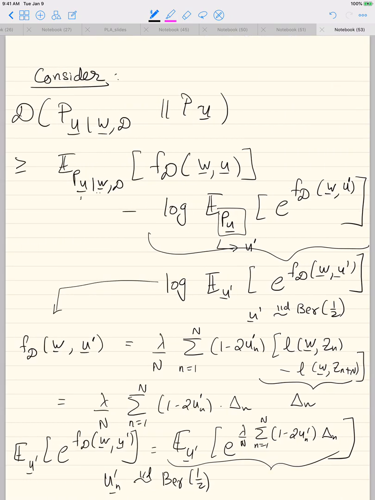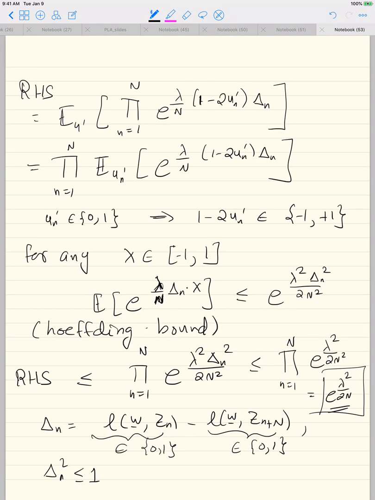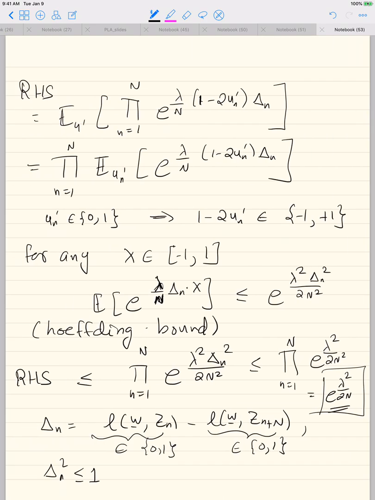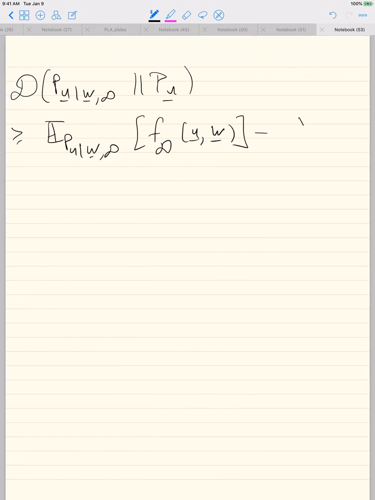So what we have, if you rewrite the Donsker-Varadhan lemma, is that the relative entropy between Pu given W and D and Pu is now lower bounded by expected value of Pu given WD, the first term, minus lambda square by 2n.